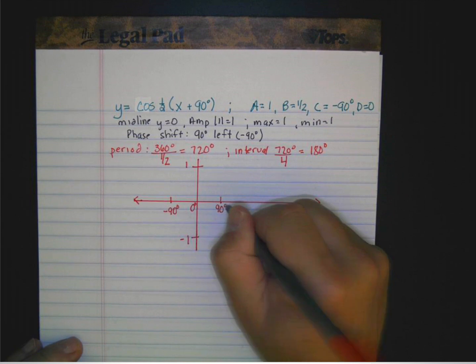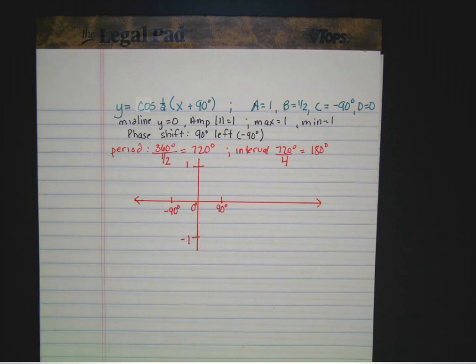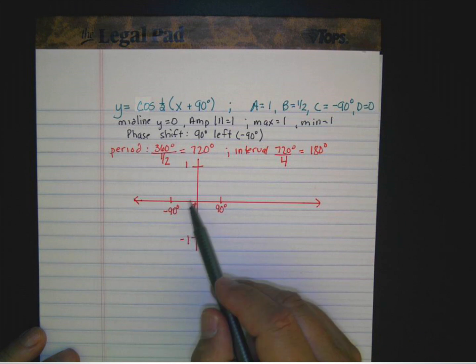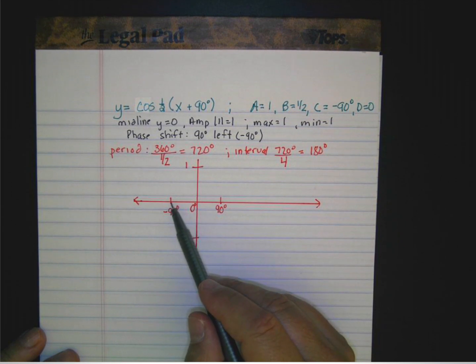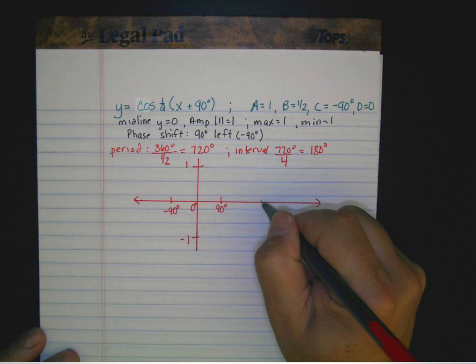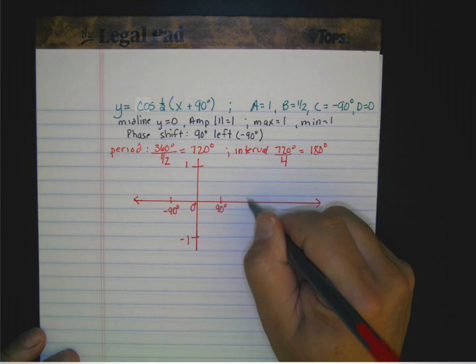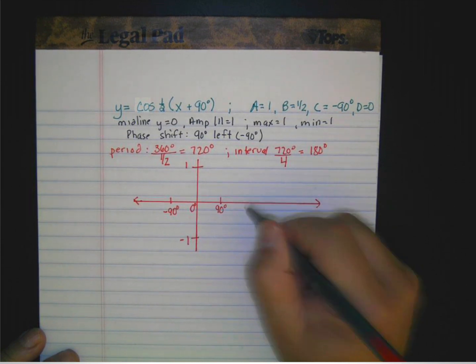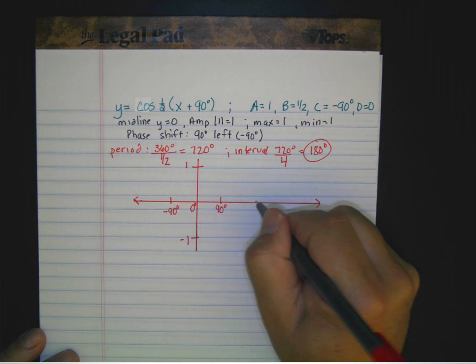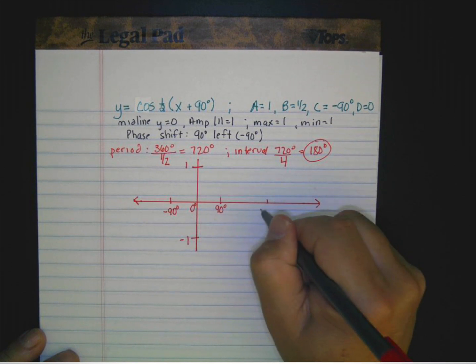And I'm going to stop there for a second. So you remember, we're counting by 180. So our phase shift was 90 degrees. So add 180 to negative 90, we're at 90. But then when you add 180 again, I don't want to put 180 here because I'm not counting by 90s. I'm counting by 180. So add 180 onto that, 270.